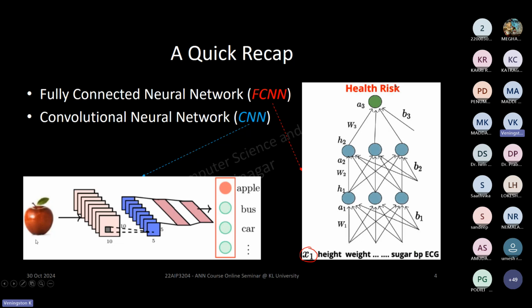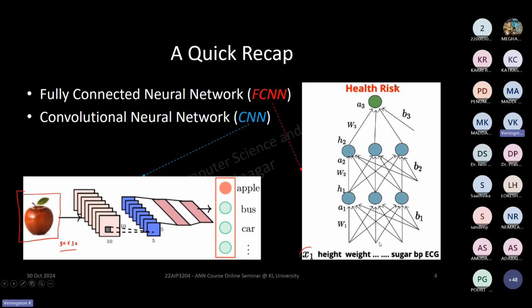Similarly, for the input used for training the convolutional neural network, once the size of the image is, let's say, 30 cross 30, all the images in the data set are going to be of the same size. So in both fully connected or feed forward neural network and convolutional neural network, the size of the input is the same.